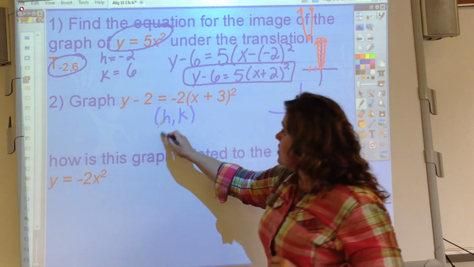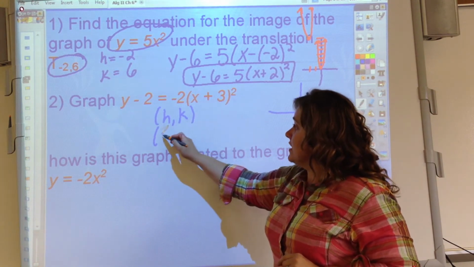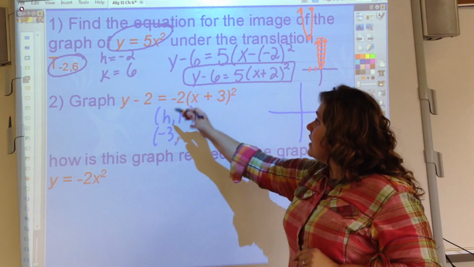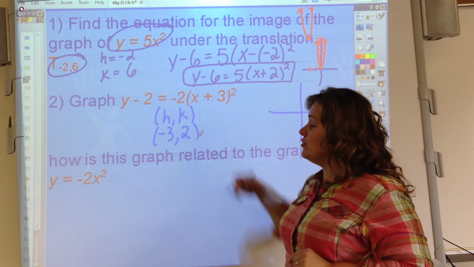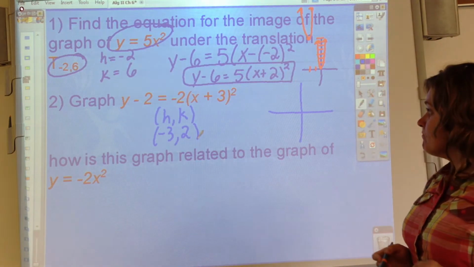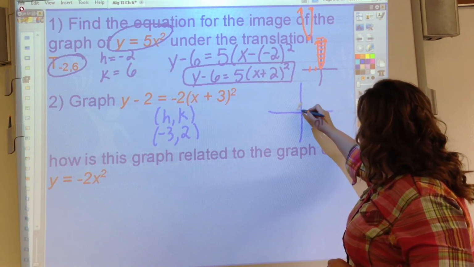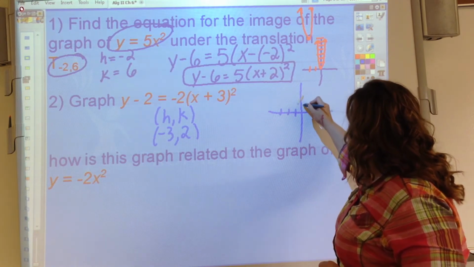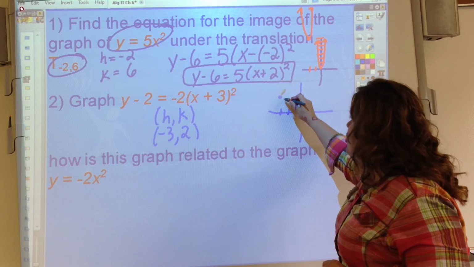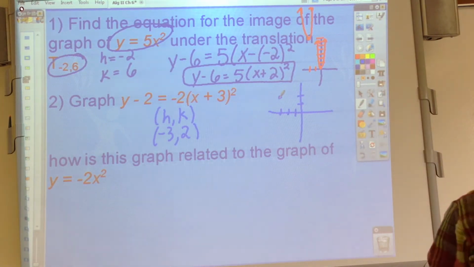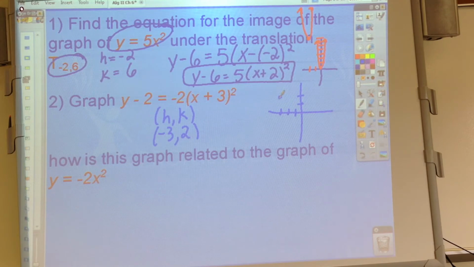And in this equation, my h value is -3, and my k value is +2. Do you agree? All right, then I start at that point, -3, +2. Now I know my graph is going to be facing downward because my a value is negative.